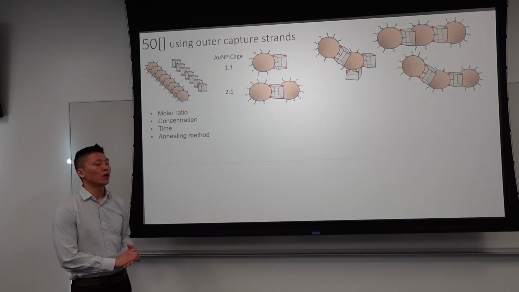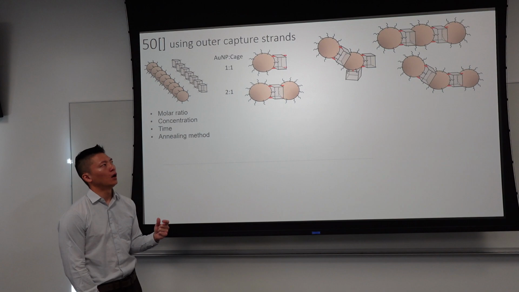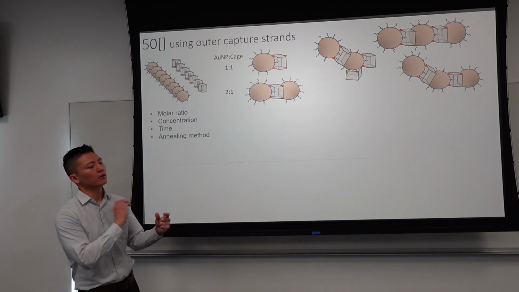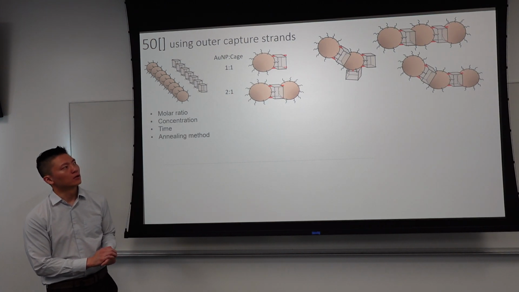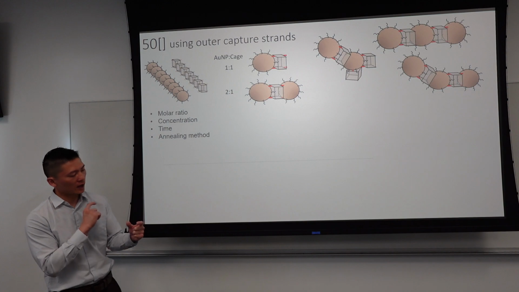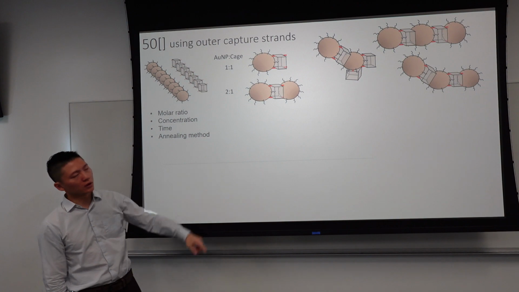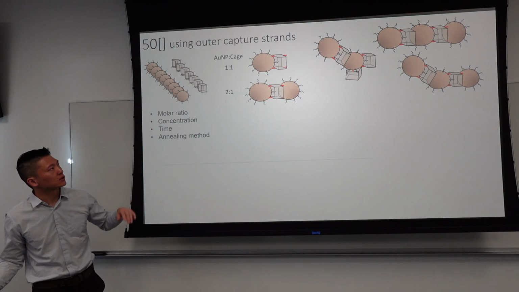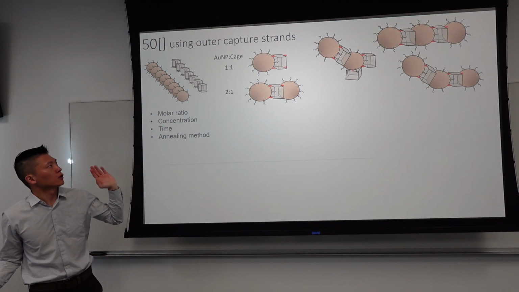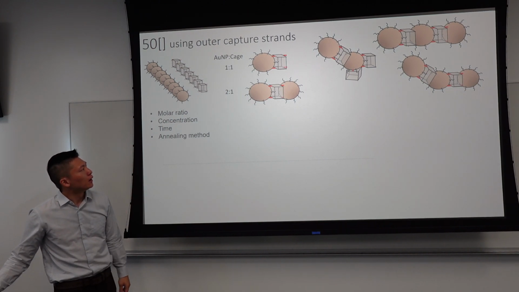I'm talking about this now because in the future, when I encapsulate a nanoparticle, if I wish to make a dimer in higher yields, I'm going to have to know methods in order to get a nanoparticle to just make a dimer and not a trimer with a nanoparticle inside. Anyways, these are some things you'd have to consider to parameterize to get these just right. Of course, we want to do a 1-to-1 molar ratio to get a single nanoparticle, single cage attachment. Play with time, concentration, and the annealing method.